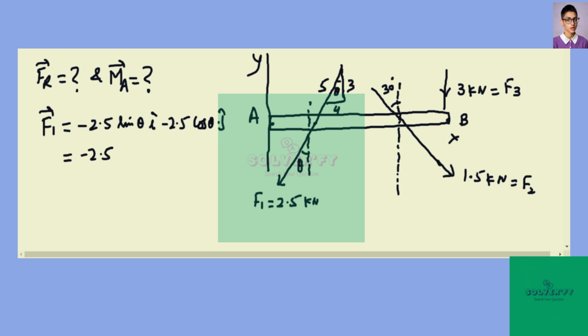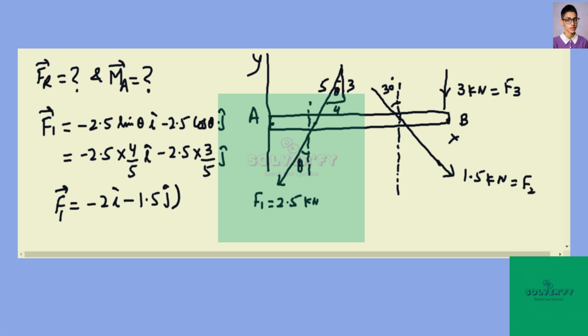You can see in this triangle in the figure, sine theta would be 4 by 5 and cos theta will be 3 by 5. So on solving, this F1 force will be minus 2 i cap minus 1.5 j cap kilonewton.